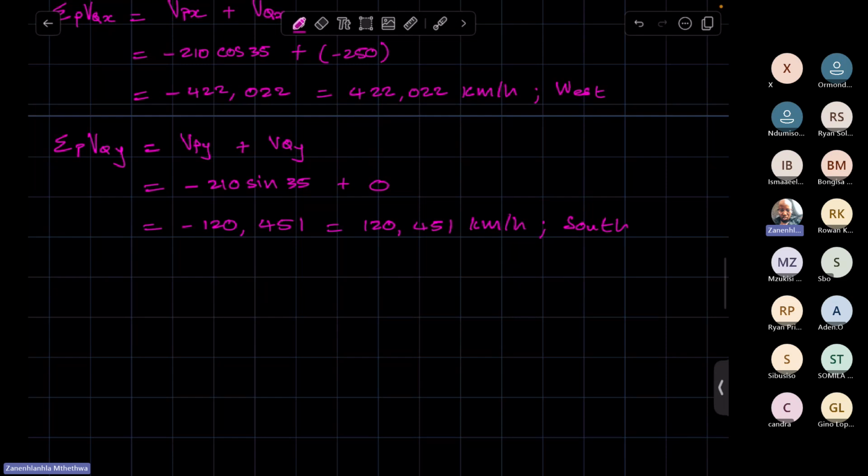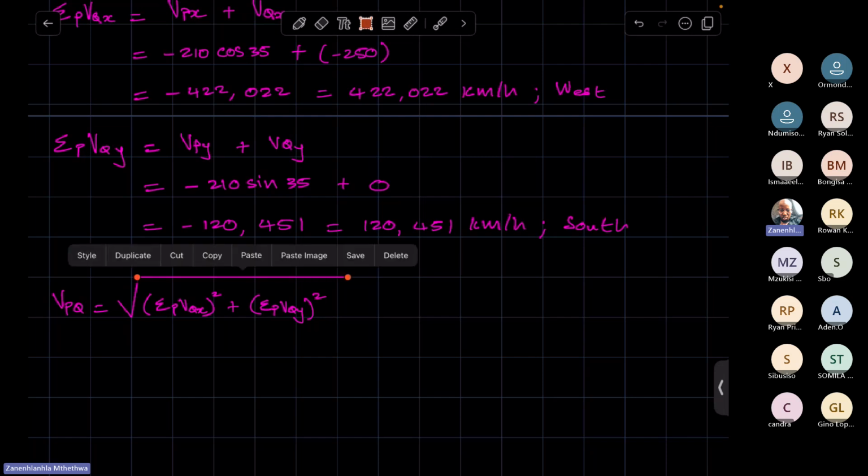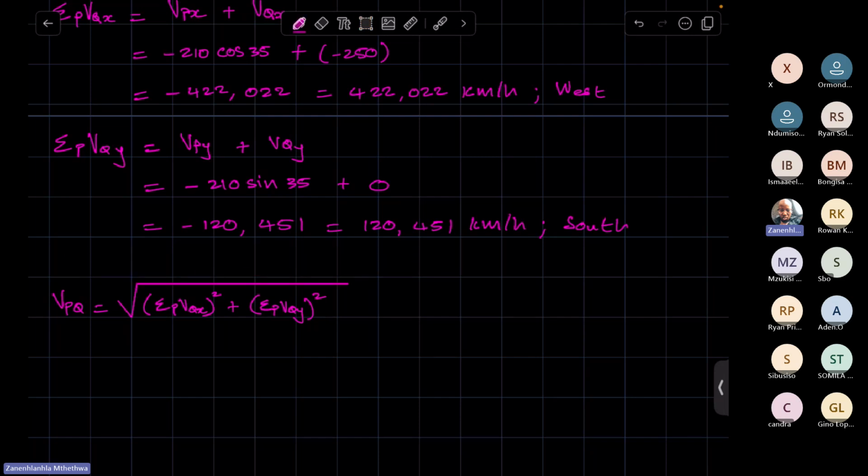Our resultant is the velocity of p relative to q, which will be equal to the square root of the sum of v in the x direction plus the sum of v in the y direction. Each of these terms is squared.